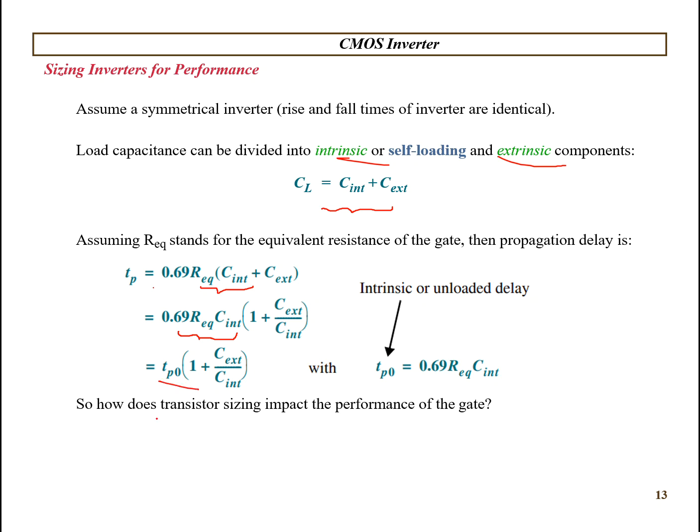Okay. So how does your transistor sizing impact the performance of the gate? See here, to analyze this question, we establish the relationship between various parameters in this equation and the sizing factor, yes. Okay.